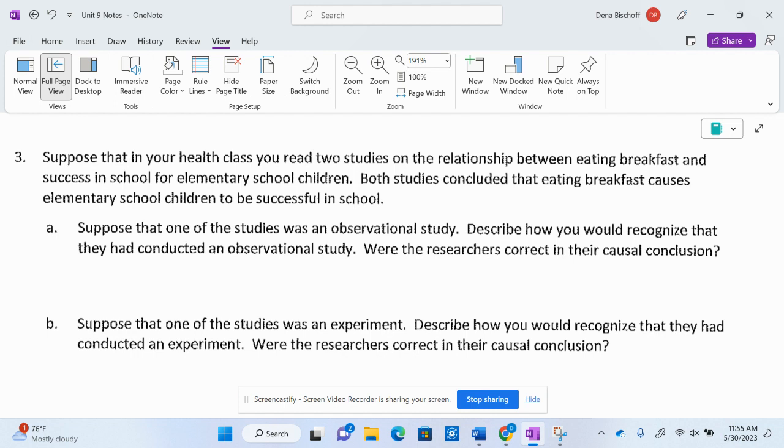Describe how you would recognize that they had conducted an observational study. So I wrote that researchers went to several schools and randomly selected students. They determined if students ate breakfast or not.